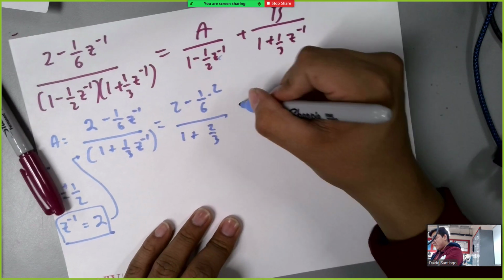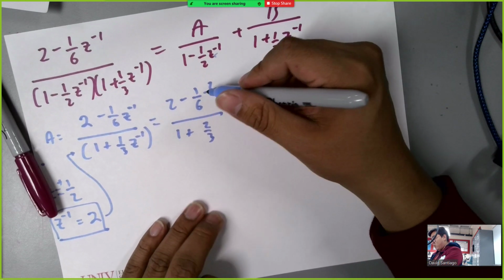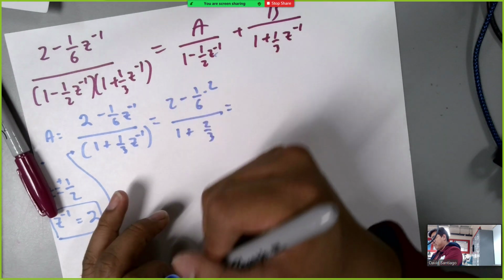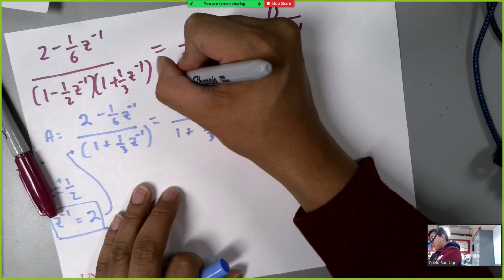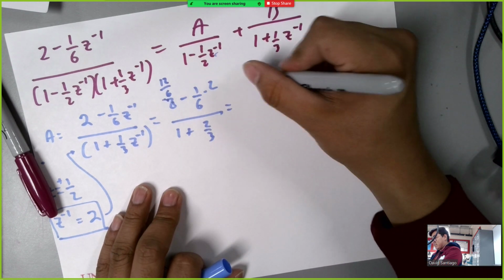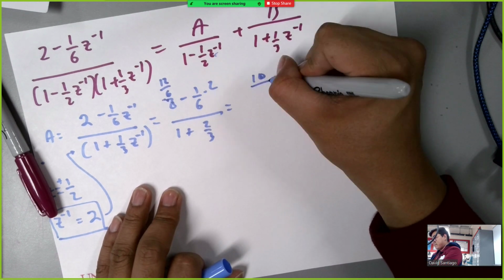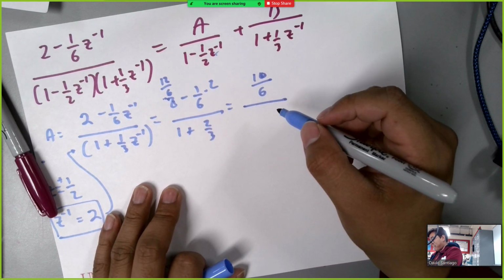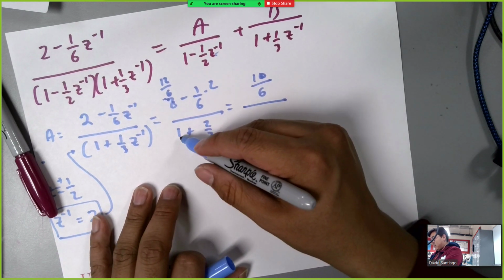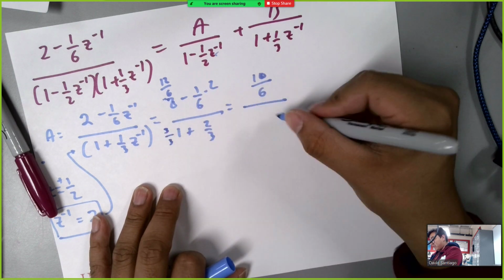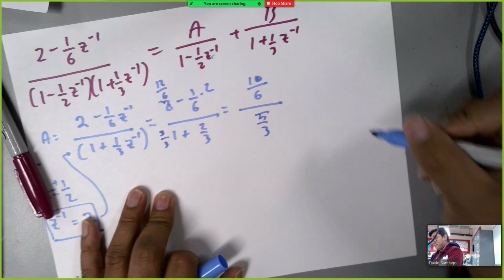That's going to be 2 over 6, so 12 over 6 minus 2 over 6 is 10 over 6, divided by 3 over 3 plus 2 over 3, 5 over 3, okay?